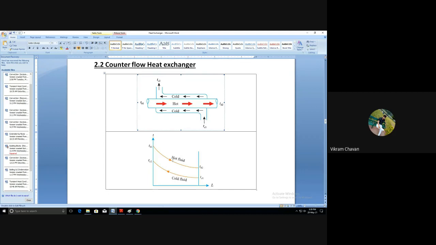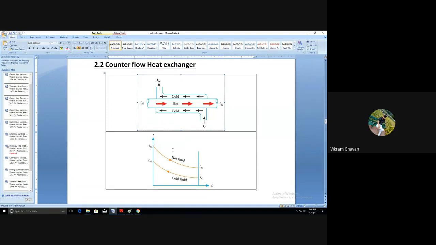Getting everyone? Now, this counterflow heat exchanger is more effective than the parallel flow heat exchanger. We get a maximum heat transfer rate, or higher effectiveness, in a counterflow heat exchanger as compared to the parallel flow heat exchanger.